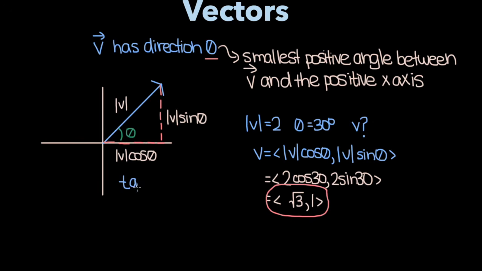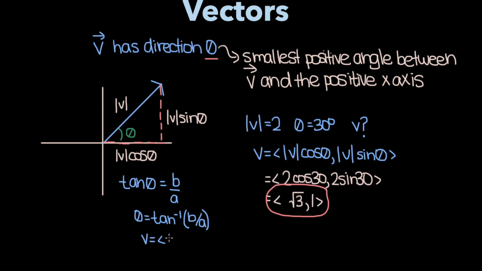Tangent of theta is opposite over adjacent, and so it should be equal to the vertical component over the horizontal component, so b over a. So theta is going to be the arctangent of b over a.